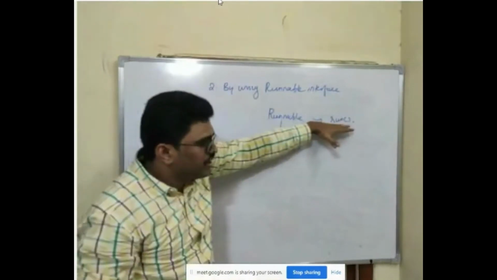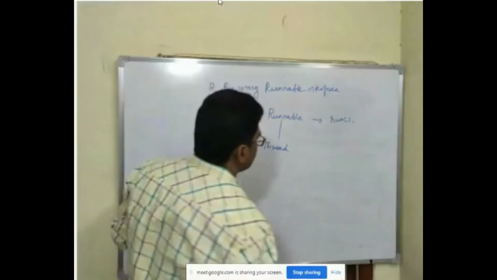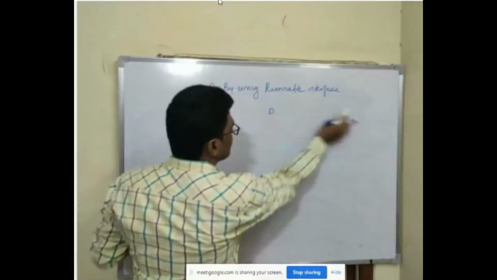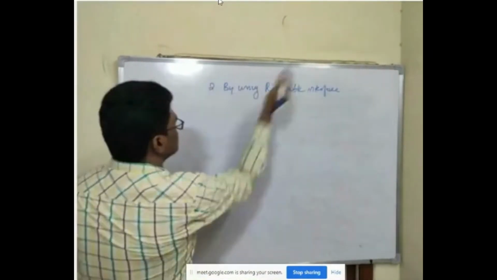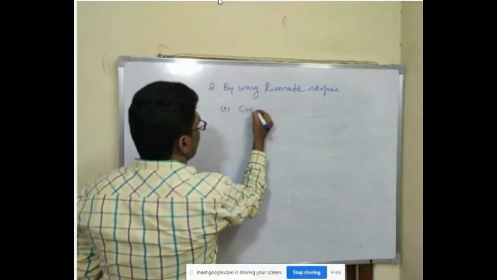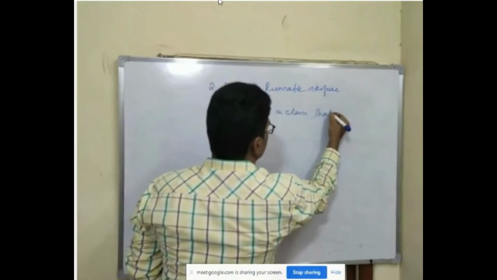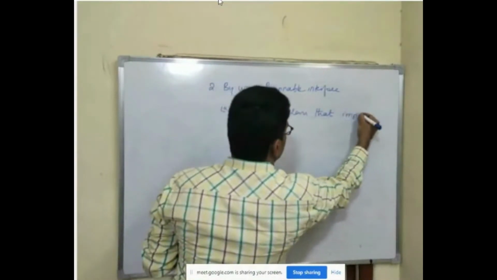Whenever you want to create a thread by using a Runnable interface, you need to follow these things. The first one is you need to create a class that implements Runnable.